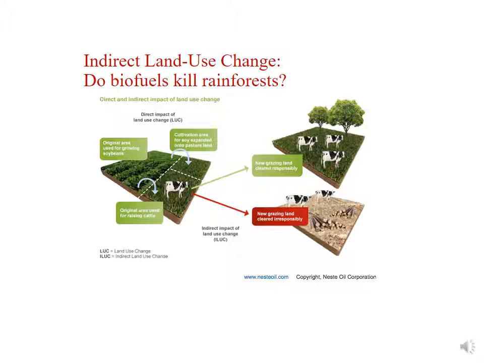However, what often happens is that when you replace fertile land used for production of food, the notion behind indirect land use change is that some countries would take forested land and clear it in an irresponsible manner, leading to significant emissions of carbon from the cleared trees. And this would lead to negative environmental impacts on a global scale.